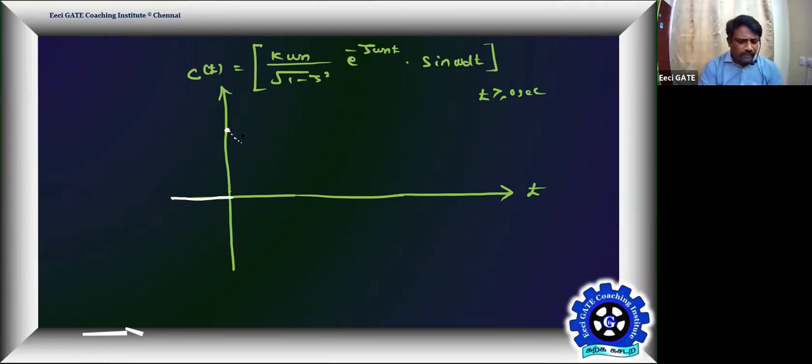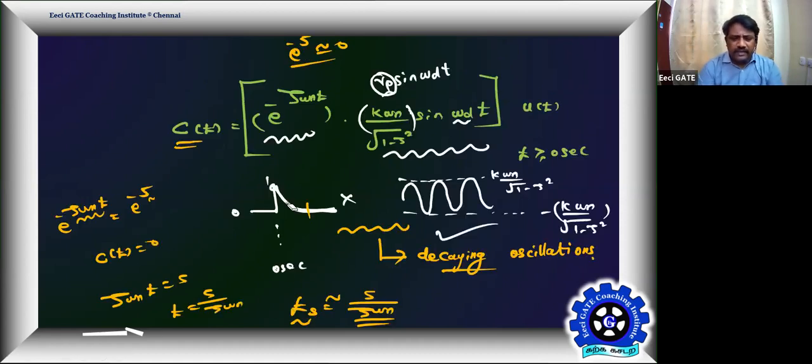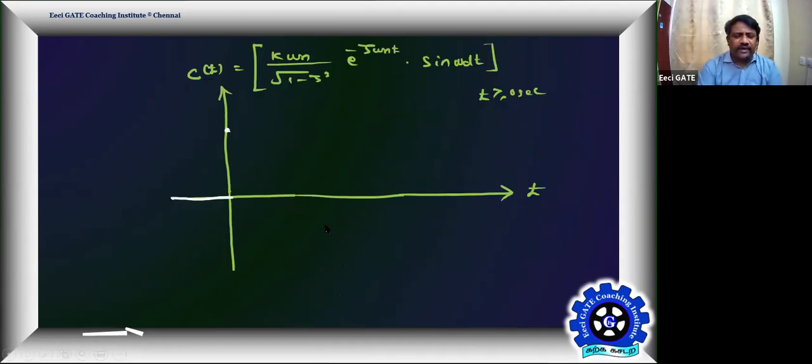This is the envelope of e power minus zeta omega n t. So the interesting point is this envelope, that is exponential decay, is getting multiplied with the positive half cycles as well as the negative half cycles. Therefore, the positive and negative half cycles are getting the envelope of your exponential decay.